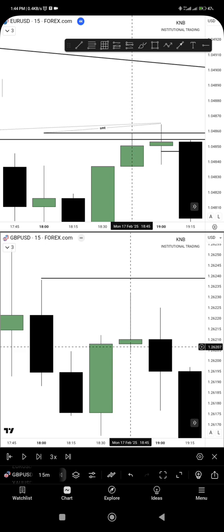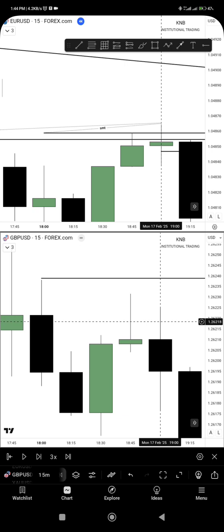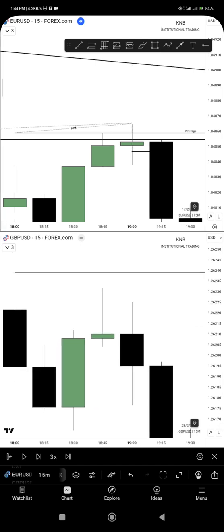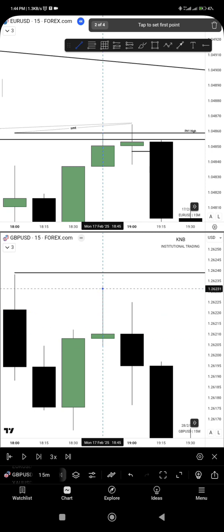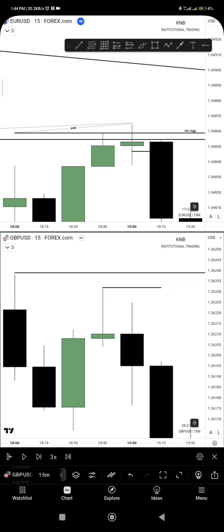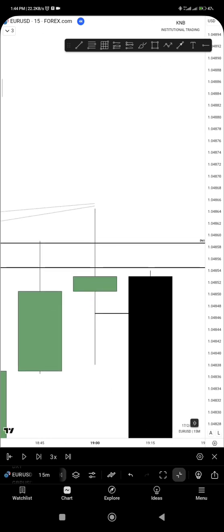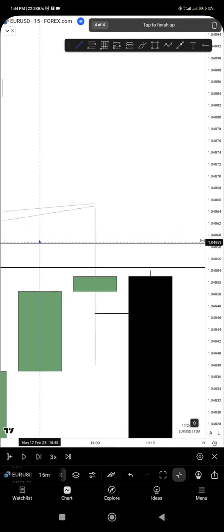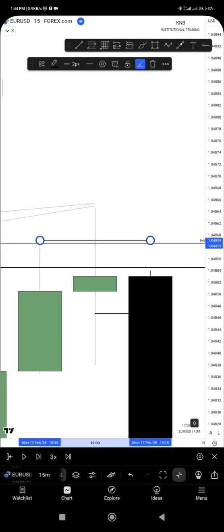Are you guys seeing what I'm seeing? So this is 1845, and the high of 1845 was actually swept, whereas on GU again it wasn't swept. Can you see it? This is the high of 1845, and look at the high again. So on this example we have triple SMT.